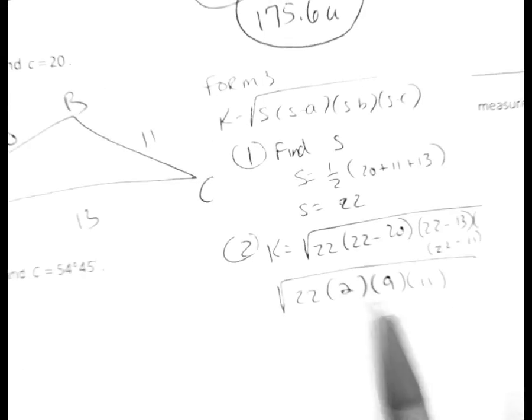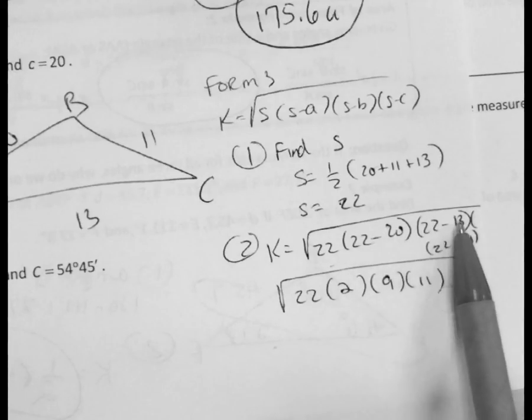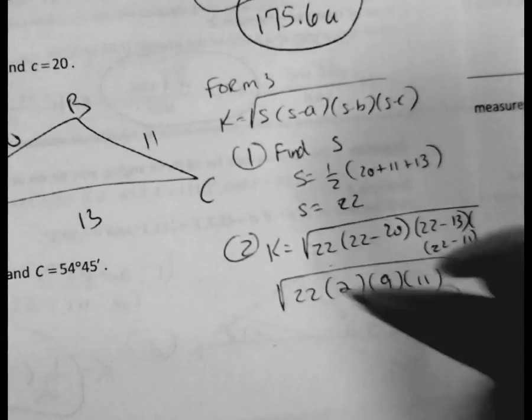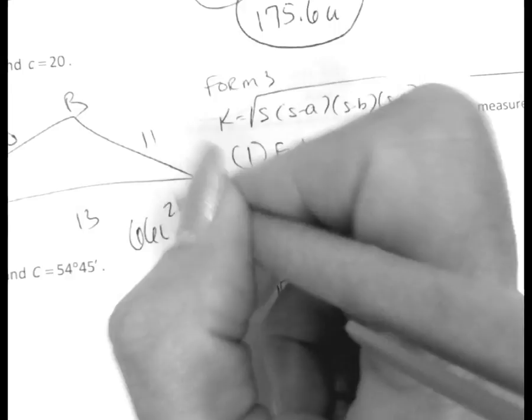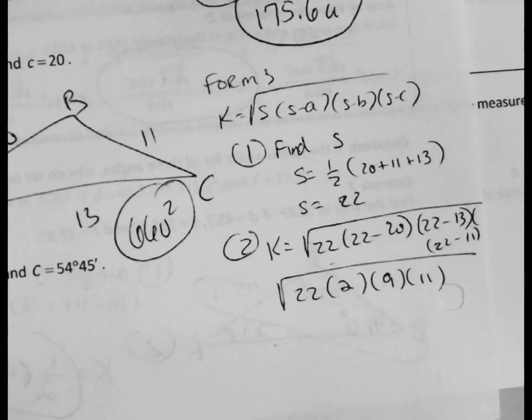It's 22. Follow your formula. It's 22 times parentheses, 22 minus the first one, 22 minus the second one, 22 minus the third one. Your answer is 66 units squared. You guys understanding? Yes. It's pretty easy.